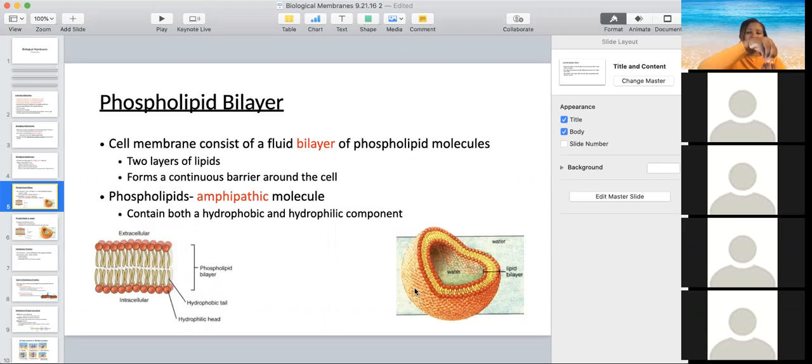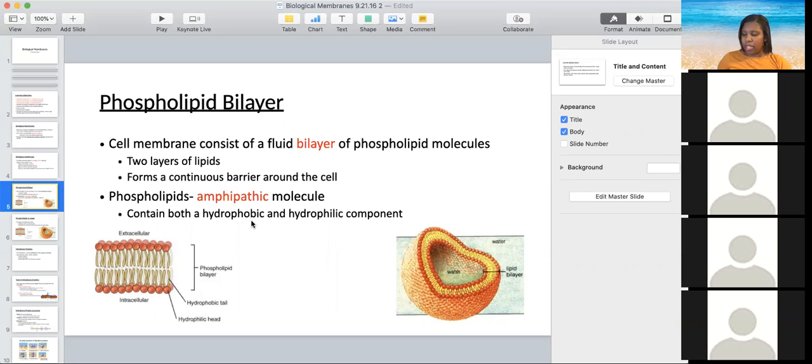It's two layers of lipids interacting together to form that barrier. So we're describing this structure as a phospholipid bilayer, which is two layers of phospholipids that form a continuous barrier around the cell. Okay, it's enclosing and separating the internal compartment of the cell from the external environment.